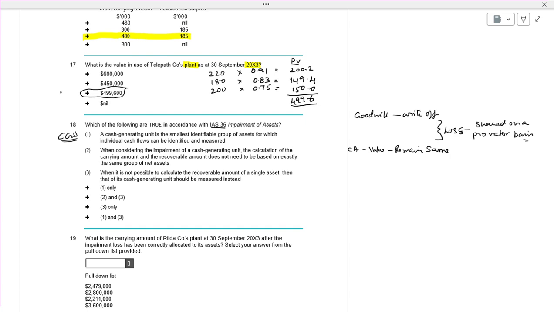Now what they are saying: a cash generating unit is the smallest identifiable group of assets. The same conditions apply. If you don't remember, this is the stage where we are covering topics randomly from a question paper point of view.